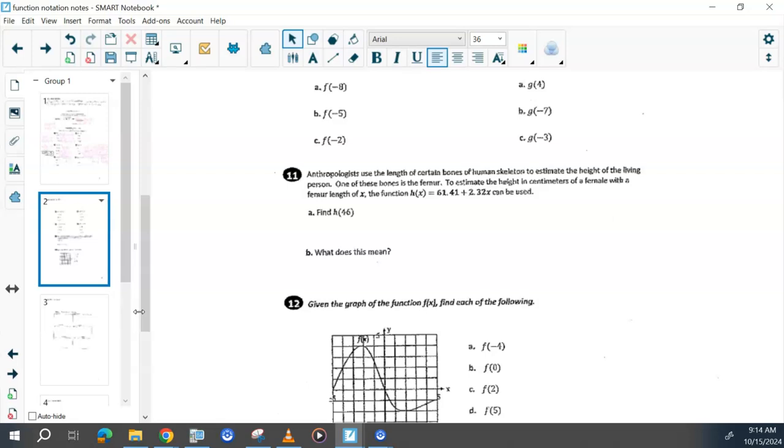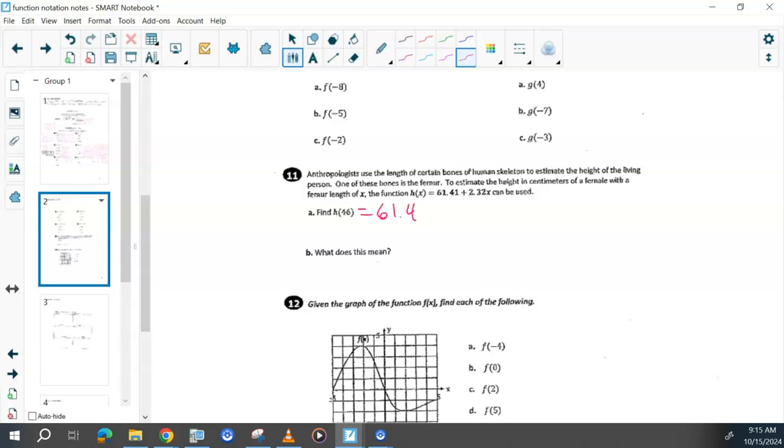Okay, in 11, anthropologists use the length of certain bones of a human skeleton to estimate the height of the living person. One of these bones is the femur. To estimate the height in centimeters of a female with a femur length of x, the function h of x equals 61.41 plus 2.32x can be used. So using that, we're going to find h of 46.